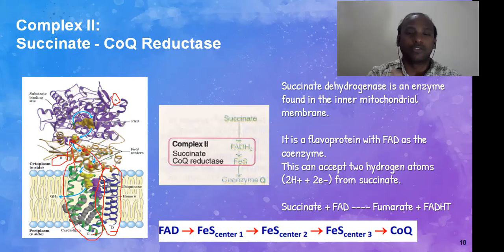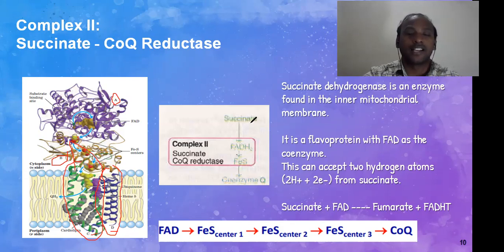This is succinate dehydrogenase, an enzyme found in the inner mitochondrial membrane, involved in the citric acid cycle. It's a flavoprotein with FAD as a coenzyme, so it can accept 2 hydrogen atoms from the succinate, and they are finally transferred to coenzyme Q. It looks like this.